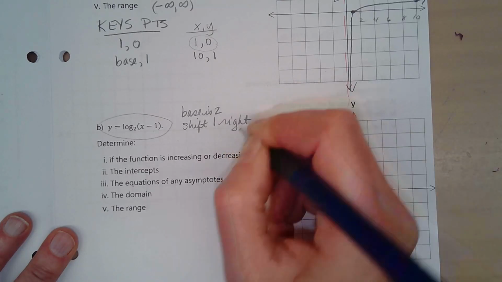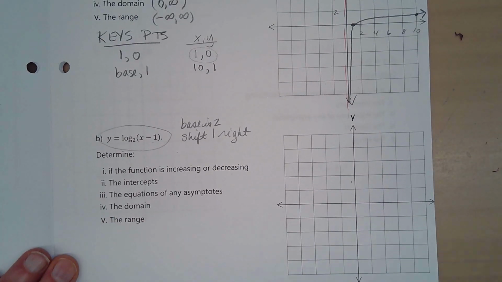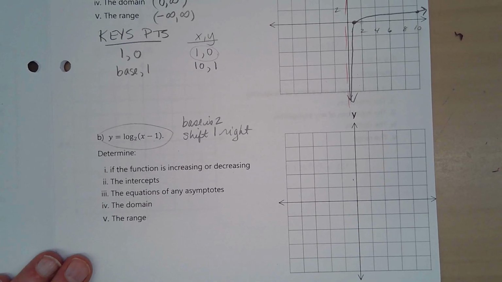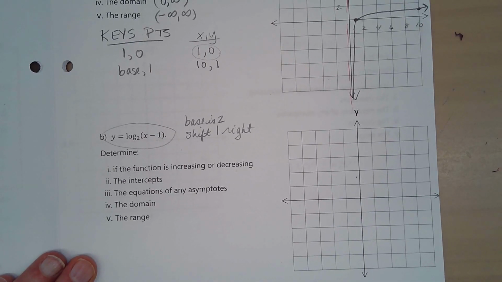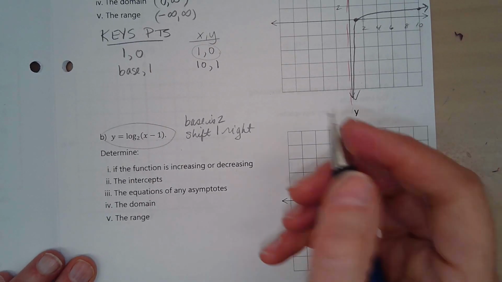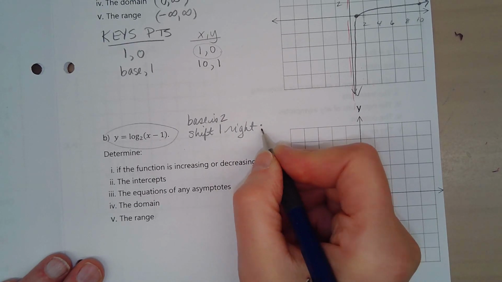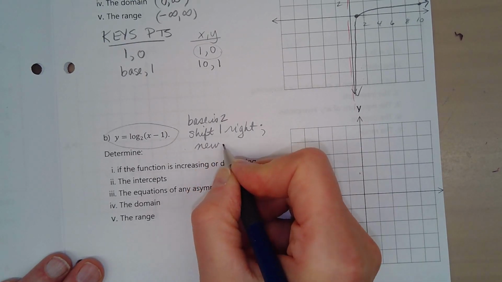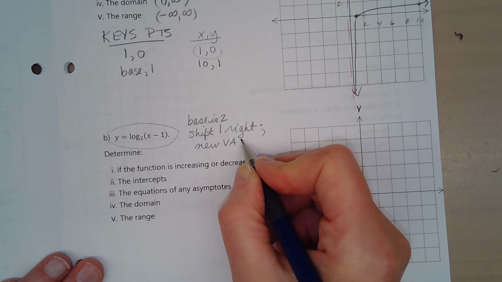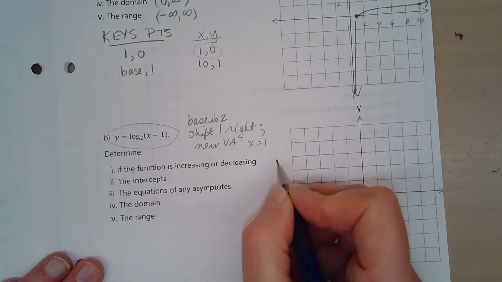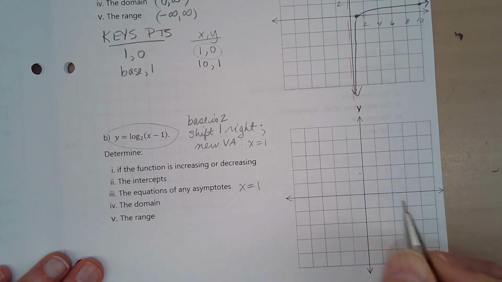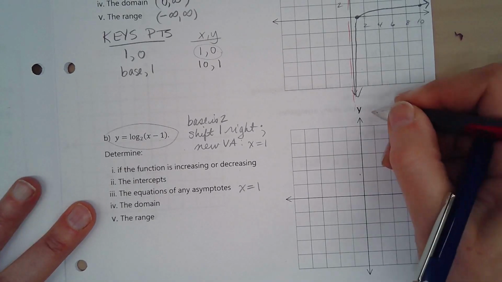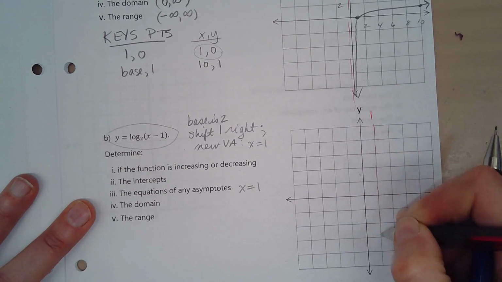Okay. Does that shifting change anything? Does a shift right change anything? What does it change? Yeah, the new vertical asymptote then will be x equals 1, right? Okay, so maybe you want to sketch that in first. Let's sketch that in.